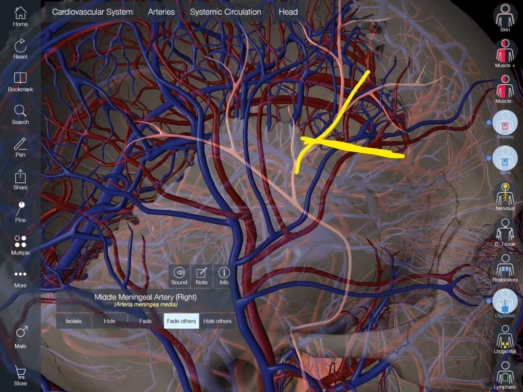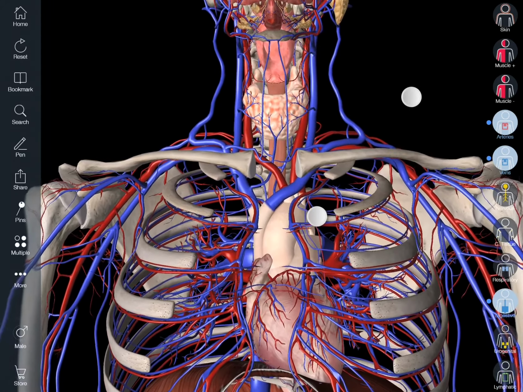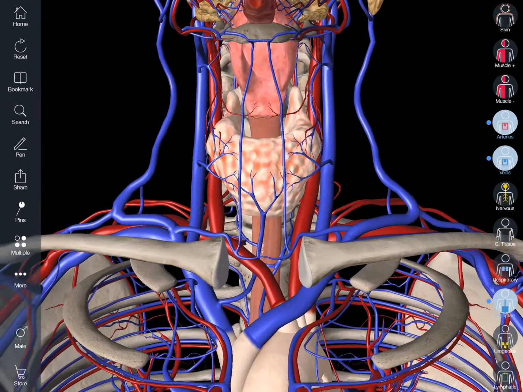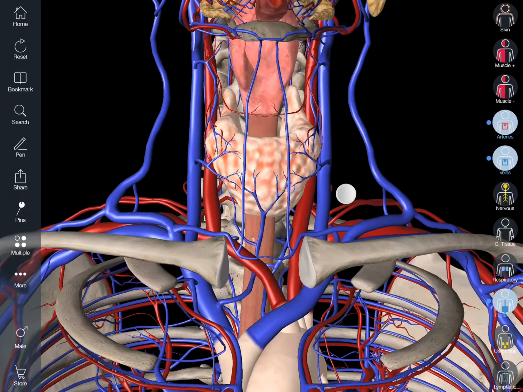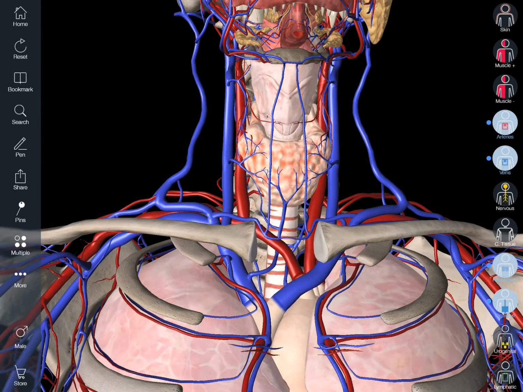Now this was just about the major vessels and arteries and veins of the thorax and the neck that we need to know. Okay, now let's talk about some other landmarks. So I'd like to talk about the larynx. So let's get the respiratory system.